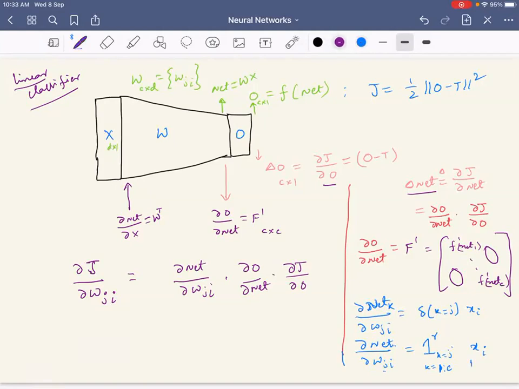Now let us bring these things here. This is 1 for k equal to j and Xi, and here f dash, and this is o minus t.